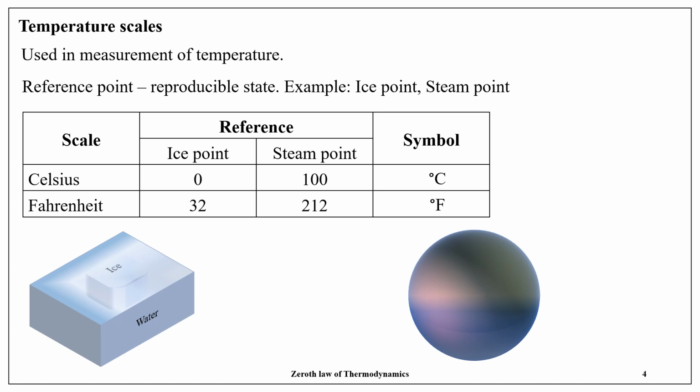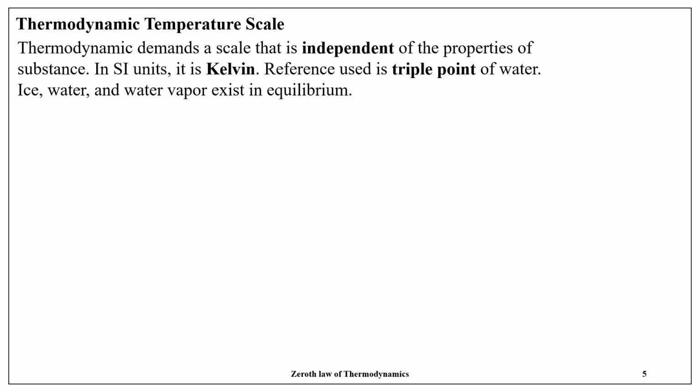The Celsius and Fahrenheit scales are used widely in commercial applications. Even during a health checkup, we use Fahrenheit. But in the subject of thermodynamics, we need a temperature scale which is independent of the properties of the substance.